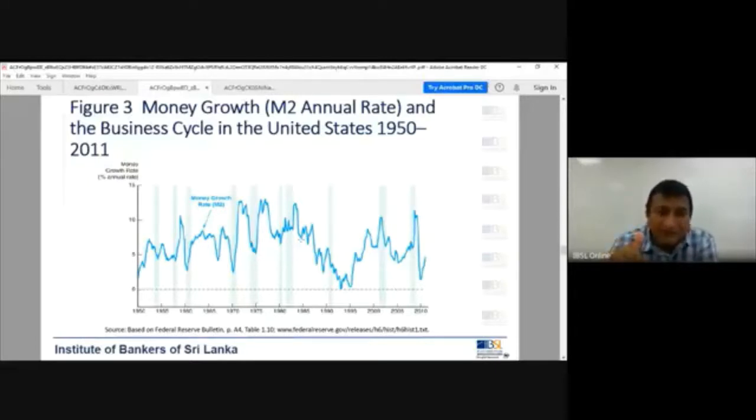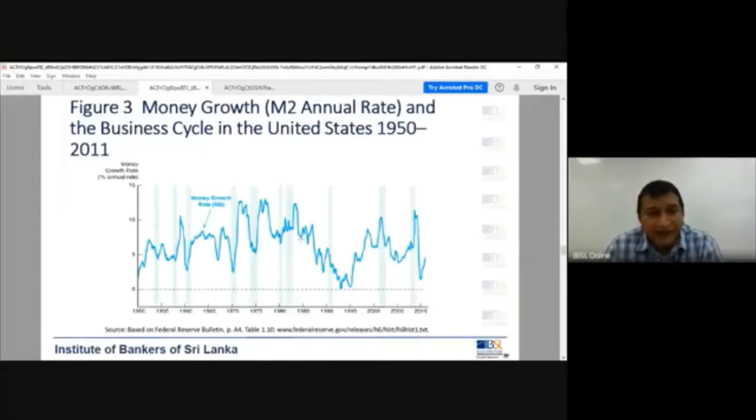But because it already increased faster, and that has contributed some element of inflation, the cost of financing increases, the cost of people's living has gone up, and as a result, people reduce consumption, and then the economic activity shrinks.